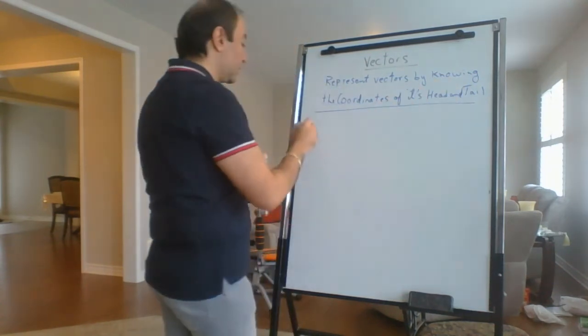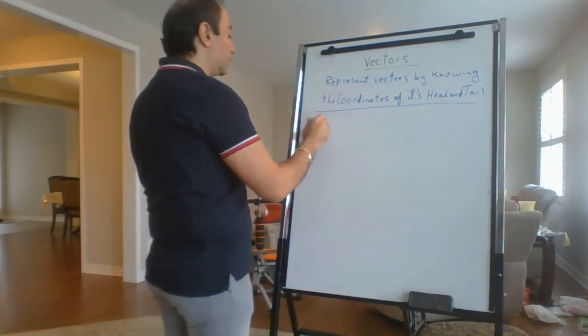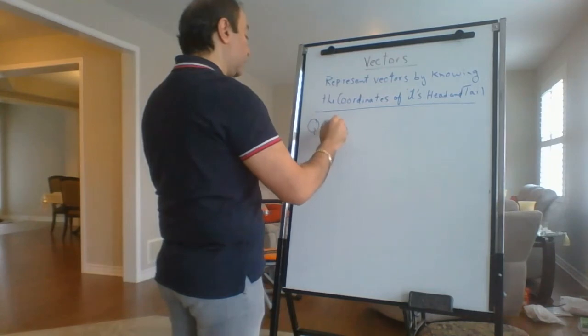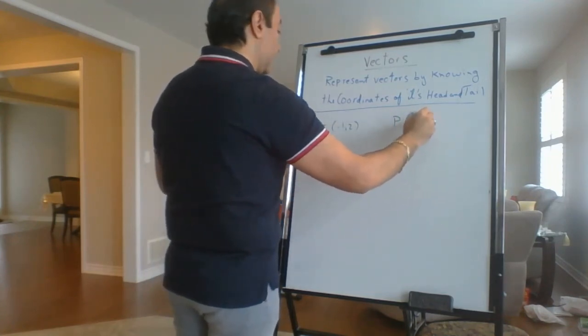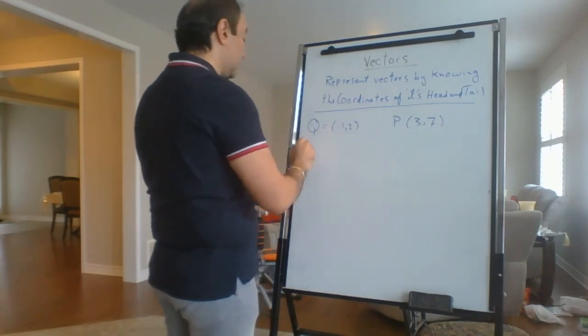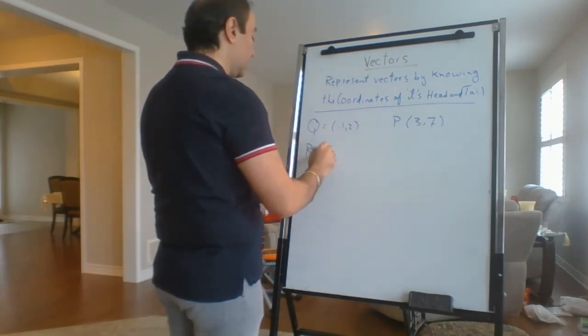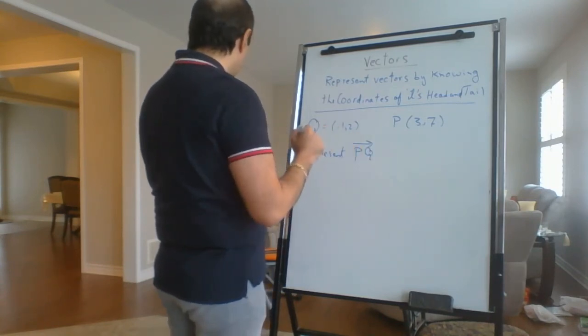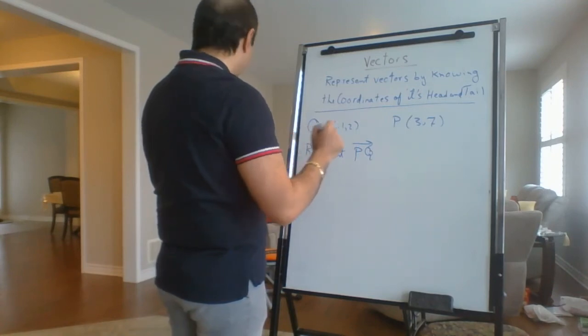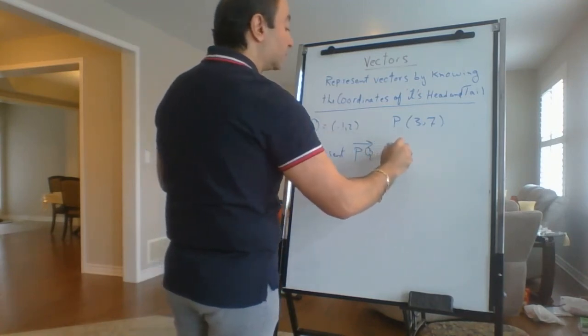So this is another way. Sometimes I tell you point Q is at -1 and 2 and point P is at 3 and 7. Represent vector PQ. So the tail will be at P and the Q will be the head.